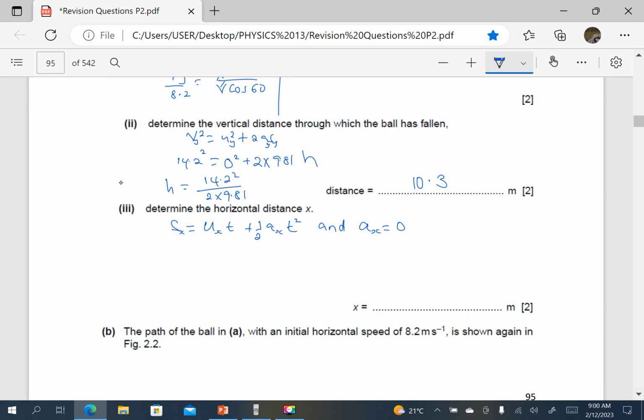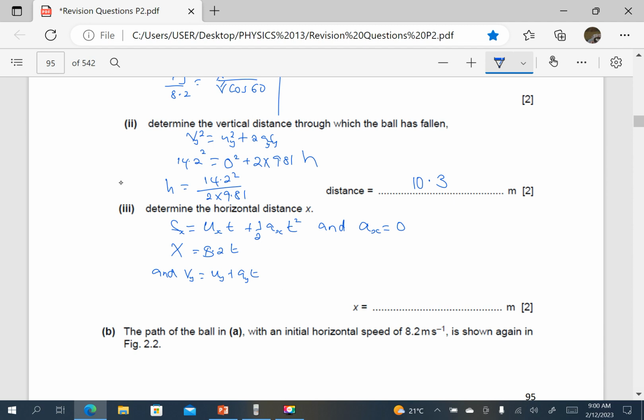So the horizontal distance x that we want will be initial velocity in the horizontal, which is 8.2, times the time t. So we need to find t. T is the same whether you consider vertical motion or horizontal motion. I will use v in the vertical equals initial velocity in the vertical plus acceleration in the vertical times t.